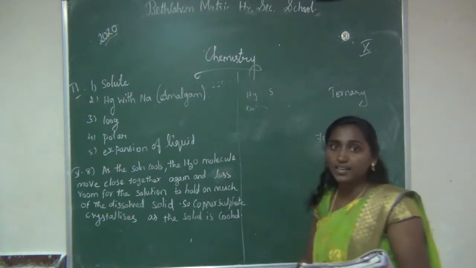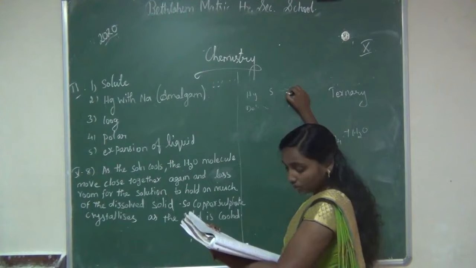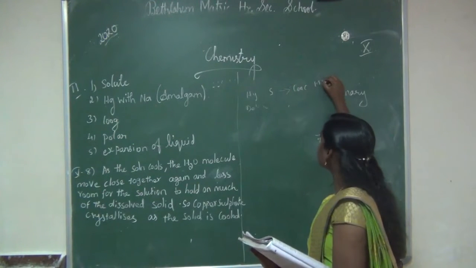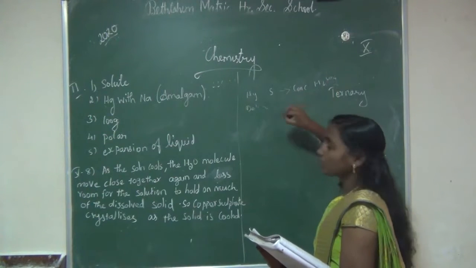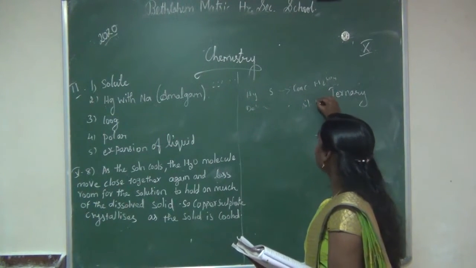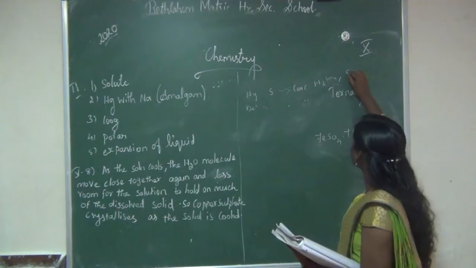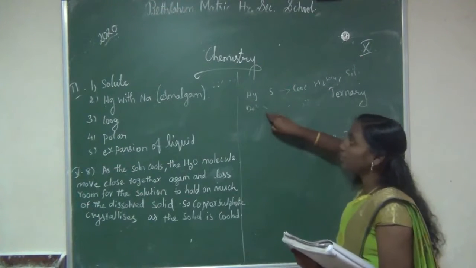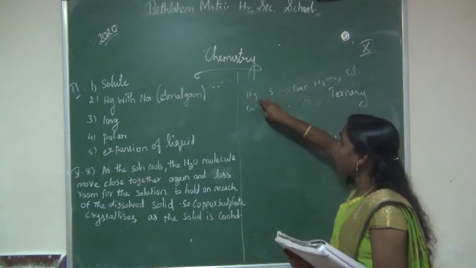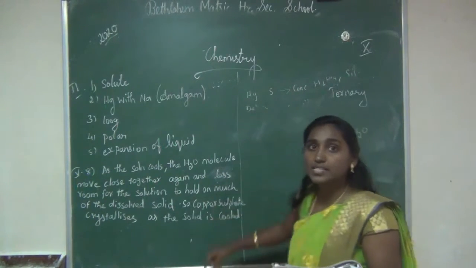What are the examples for hygroscopic substance? Concentrated sulfuric acid and silica gel. Remaining everything you should write under deliquescent substance.